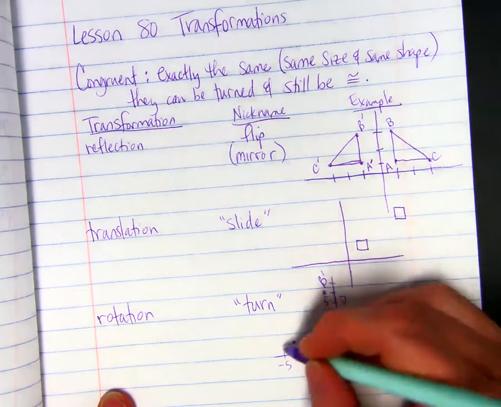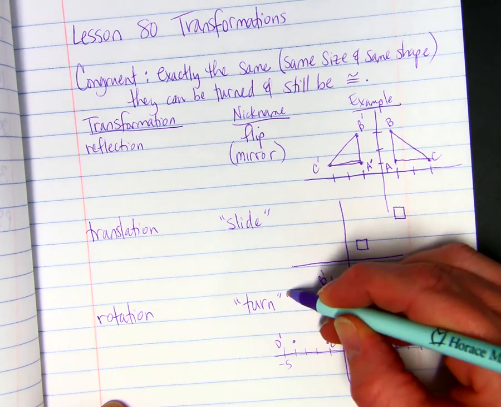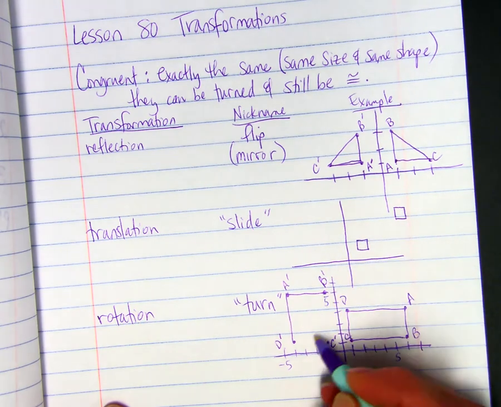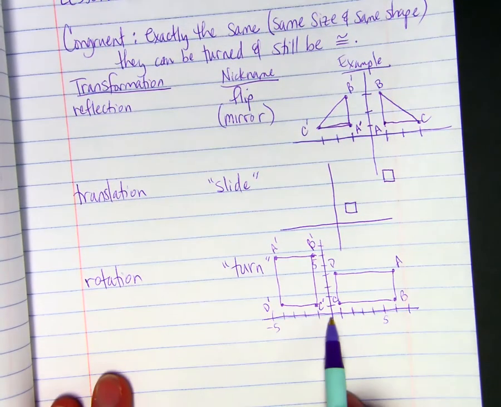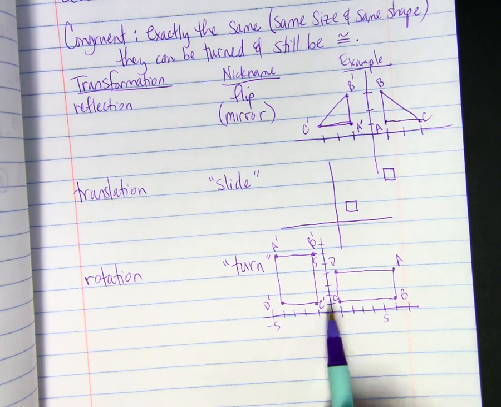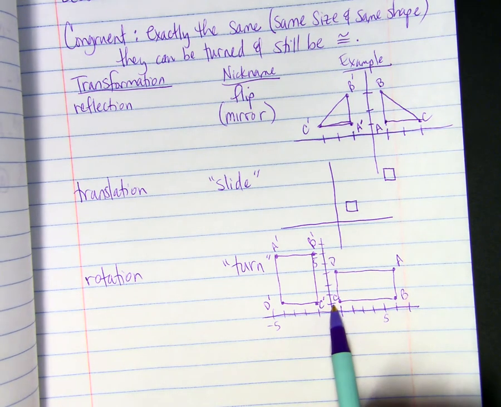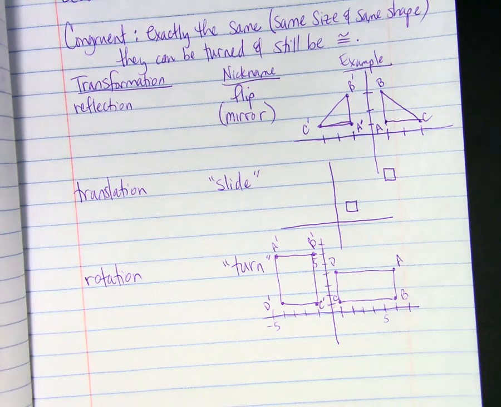So that's D prime, and then A prime will just be straight up from it and across from B. So what we did is we actually rotated it about the origin. If you rotate it about a different point, it kind of changes what it looks like, but for now we're just going to learn that that's a rotation. The whole figure just moved, didn't change size or shape.